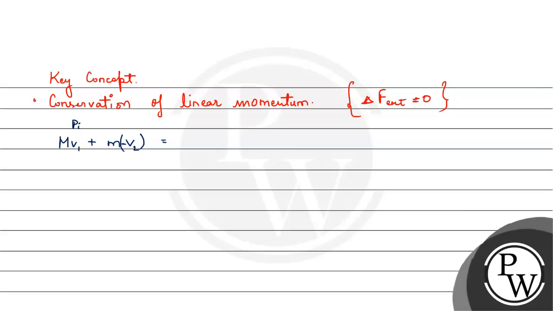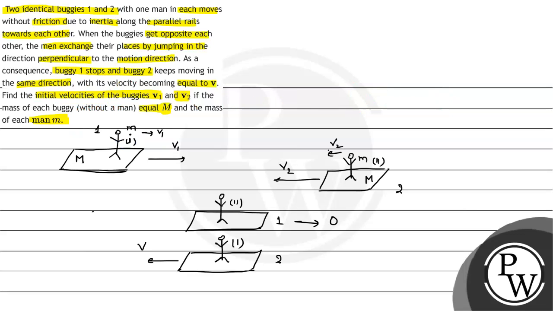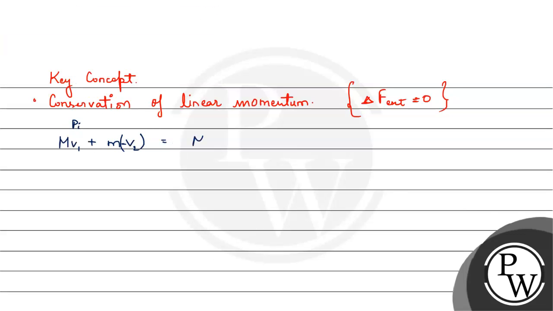It must be equal to the net final momentum, which is capital M plus small m into the final velocity, which is 0. So this is the first equation we get: M v1 minus m v2 is equal to 0. Let's mark it as equation 1.